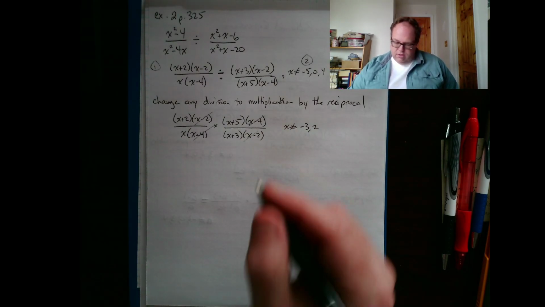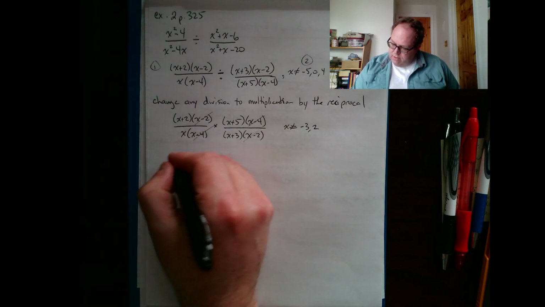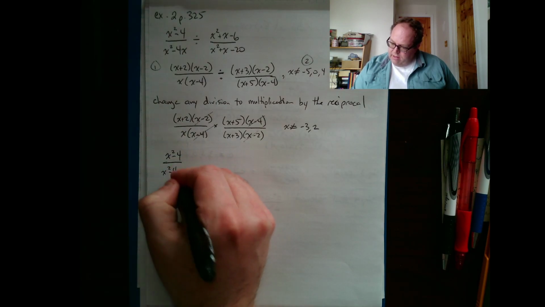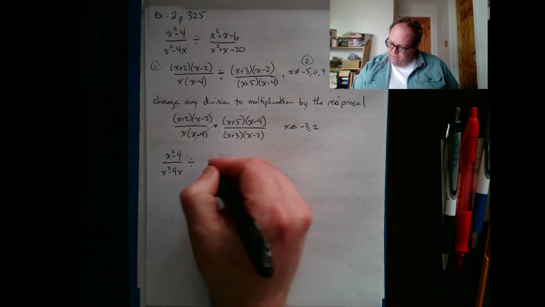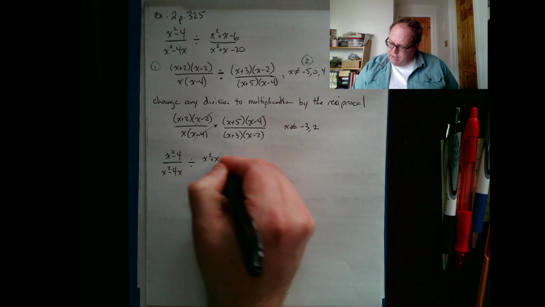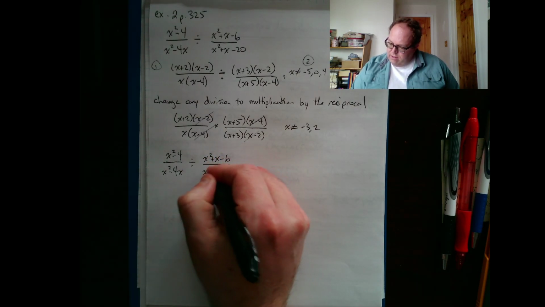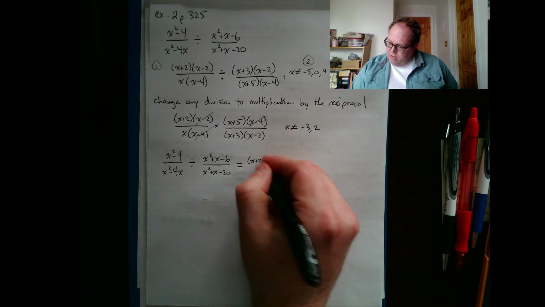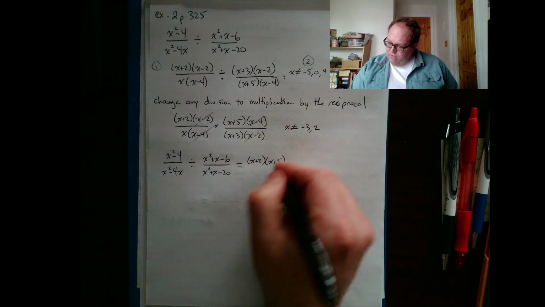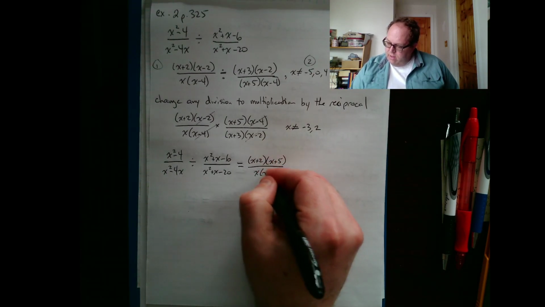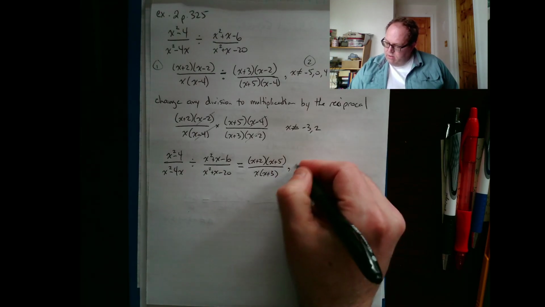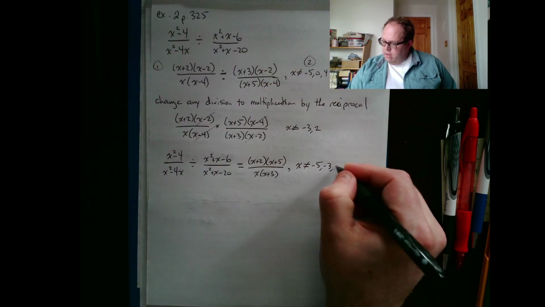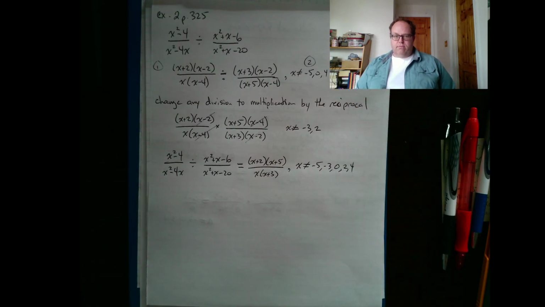So then this reduces to, and I'll just start by writing it out, x squared minus 4 divided by x squared minus 4x, all that divided by x squared plus x minus 6 over x squared plus x minus 20, would be equivalent to x plus 2 times x plus 5 over x times x plus 3, so long as x does not equal negative 5, negative 3, 0, 2, or 4.